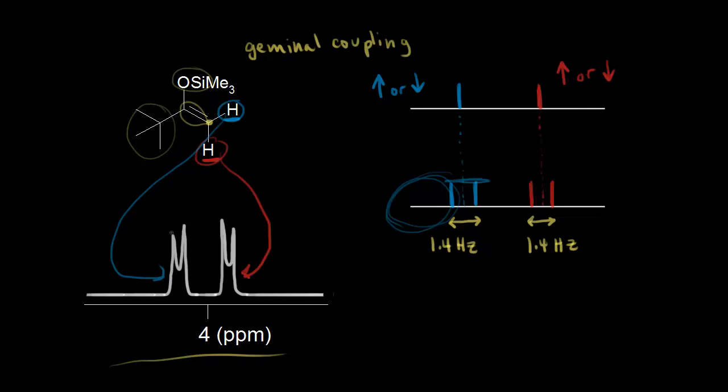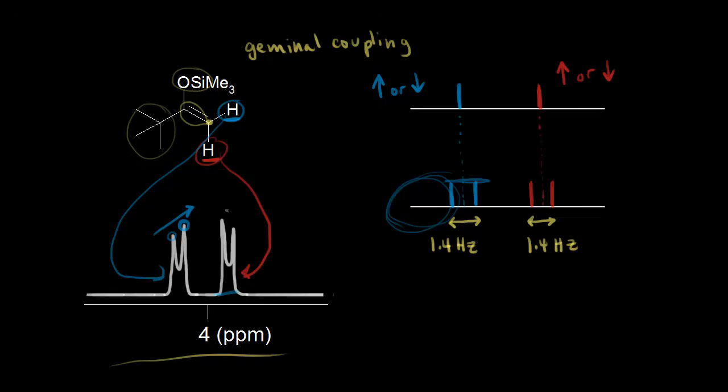But if you look at the actual NMR spectrum, they're not quite the same. This one right here is a little bit higher. If you draw an arrow pointing towards the higher peak, that arrow points towards the signal of the proton that's causing the splitting. That arrow is pointing to the right, and that's where we find the signal for the red proton, which is causing the splitting of the blue proton. So the doublet points towards the proton with which it is coupled.